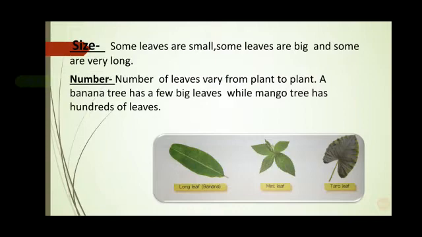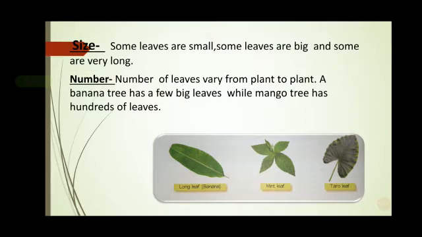Next is number. Number of leaves varies from plant to plant. A banana tree has a few big leaves while a mango tree has hundreds of leaves. So as you can understand, like the shape and size of a leaf, the number of leaves can vary.